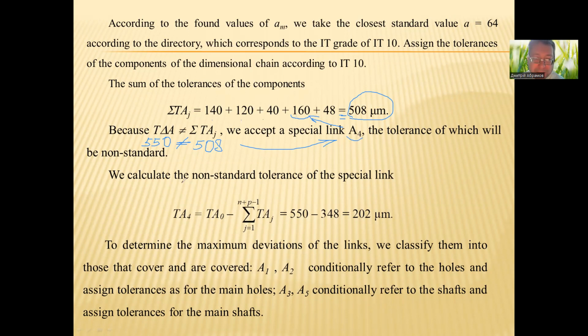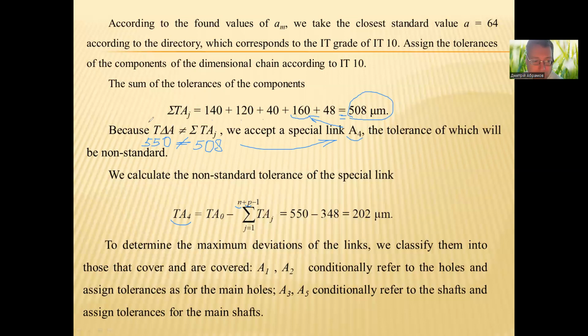We calculate the non-standard tolerance of the special link. The tolerance field of special link A4 will be equal to the tolerance field of the initial link minus the sum of tolerance fields of increasing and decreasing links minus 1, except the special link.